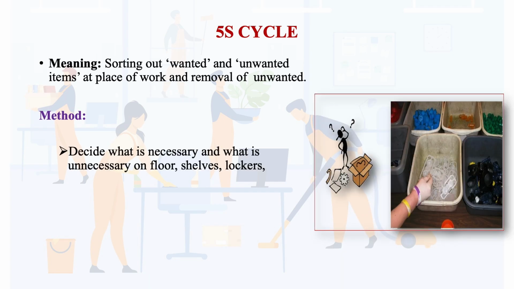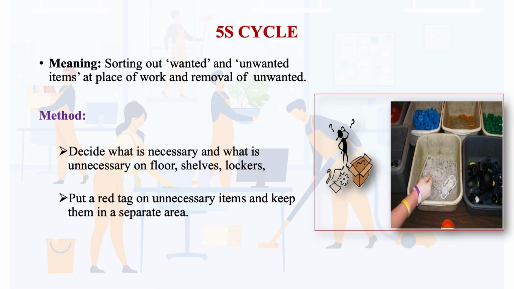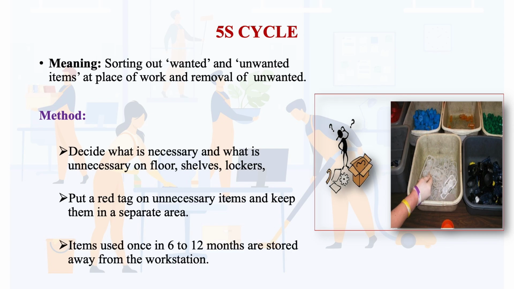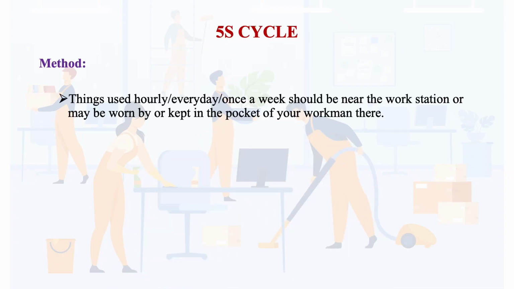The method is to decide what is necessary and what is unnecessary on floor, shelf, lockers, roof and other places of the working place, shown in the right side figure.